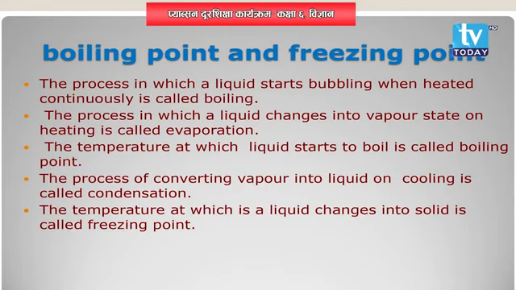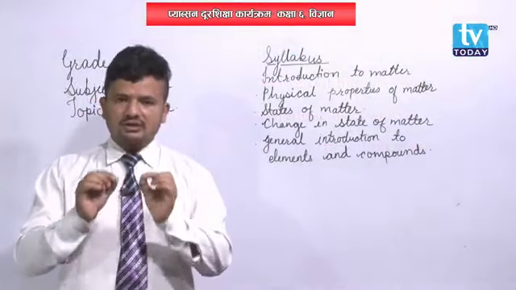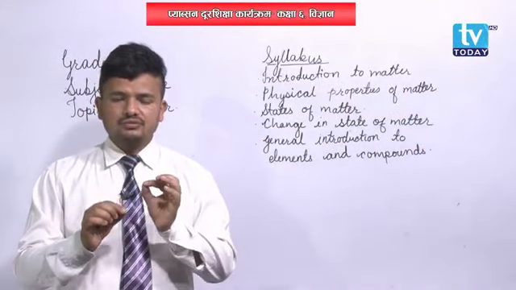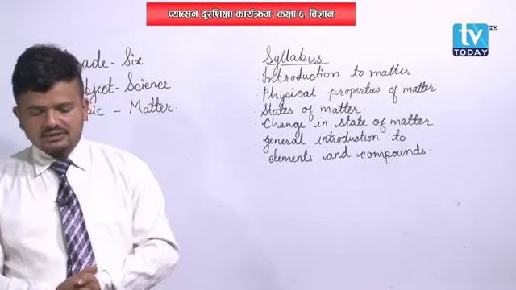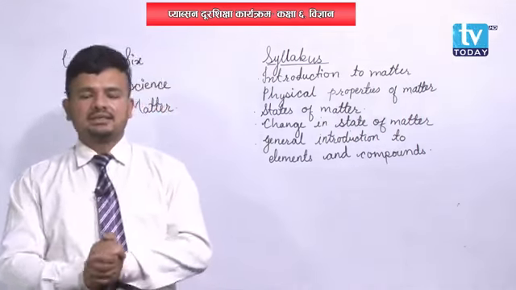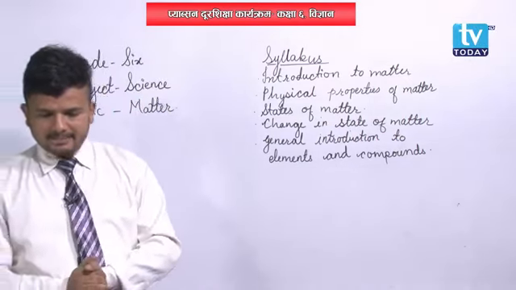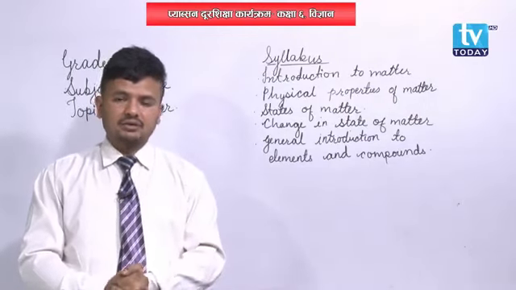The temperature at which the liquid changes into solid form is called freezing point. The freezing point of water is 0 degrees Celsius. That means the water changes into ice at 0 degrees Celsius. Are you clear about the boiling point and freezing point? Okay, note that down.